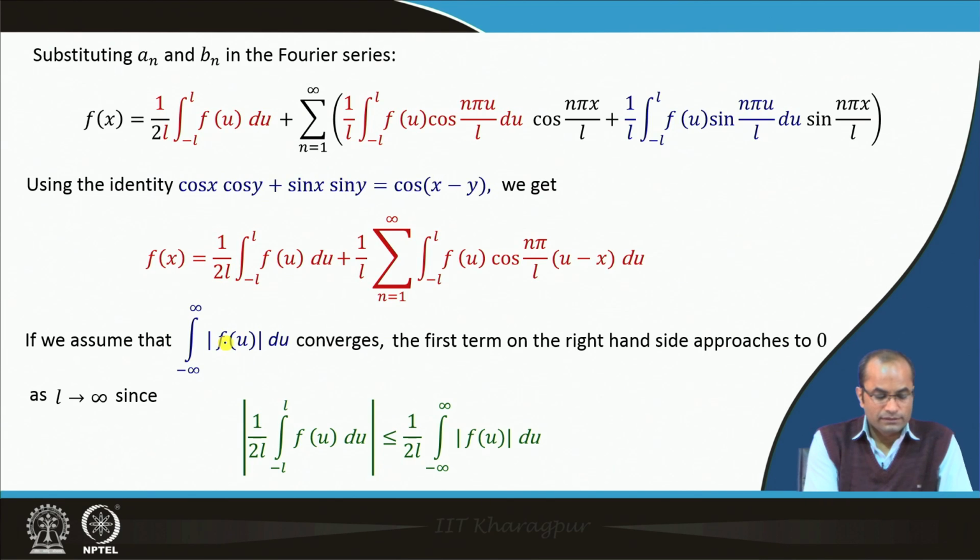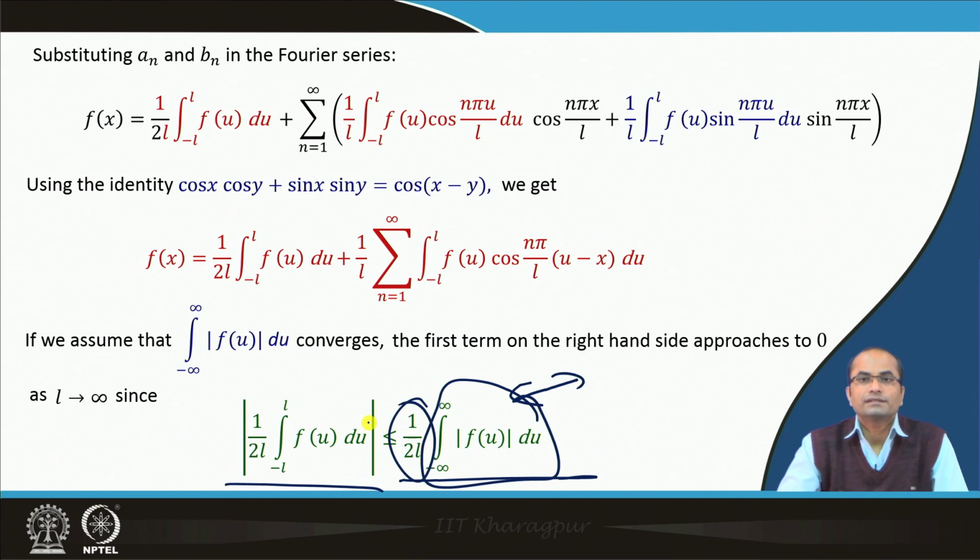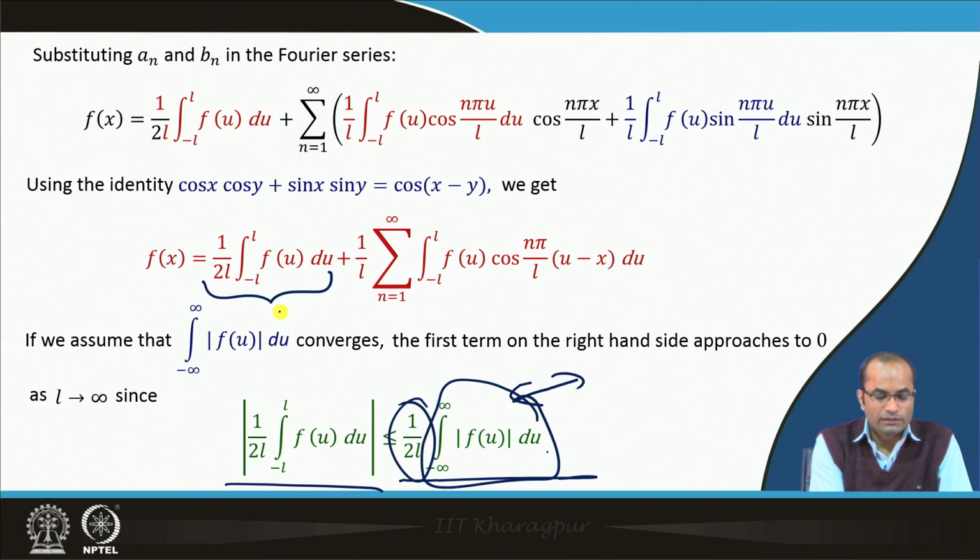So, in that case this will go to 0 because we have this relation now, this is even bigger and this converges. So, we have some value there and then 1 over L is sitting there. When L approaches infinity, something finite divided by L will go to 0. So, this term here will tend to 0 as L approaches infinity.